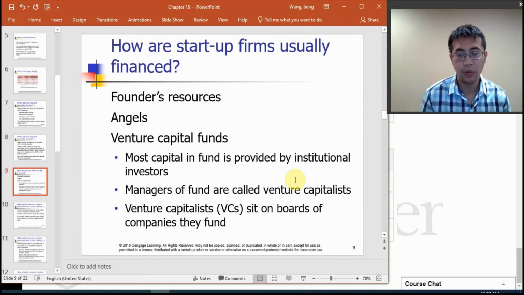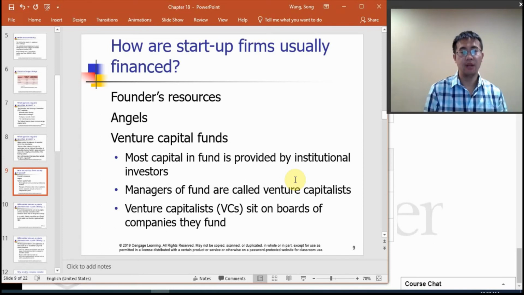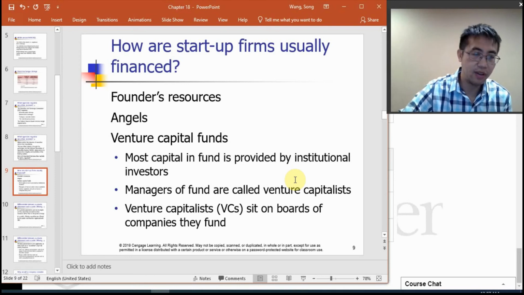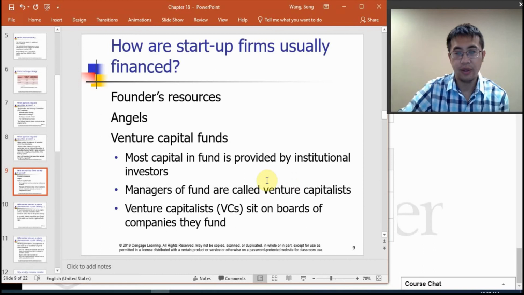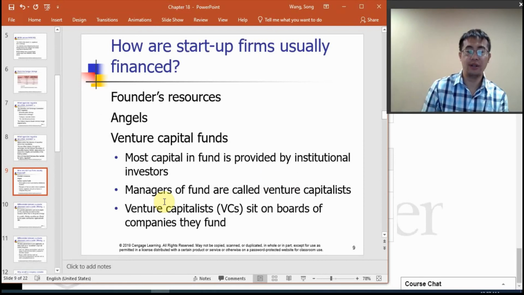These people who would help you are called venture capitalists. They are institutional investors, and they would buy a large amount of your shares, and they can also share their expertise and resources to help the business grow.